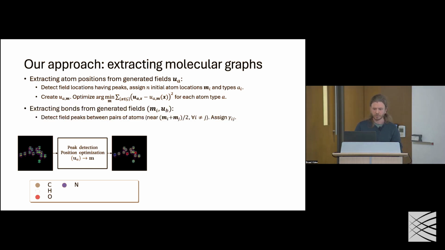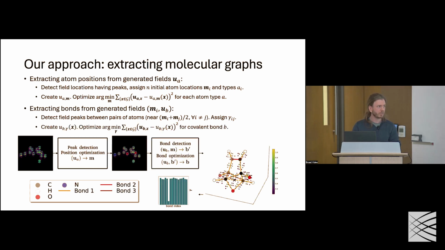Then to initially extract bonds, this is quite a bit easier. We simply look at only the mid positions between any two atoms, so Mi plus Mj by 2, and determine whether or not a high enough value is within that region. For each Mi plus Mj by 2 value which is high enough, we assign some component gamma ij.